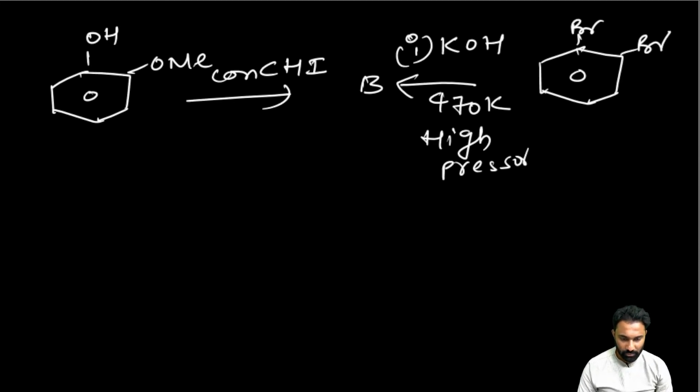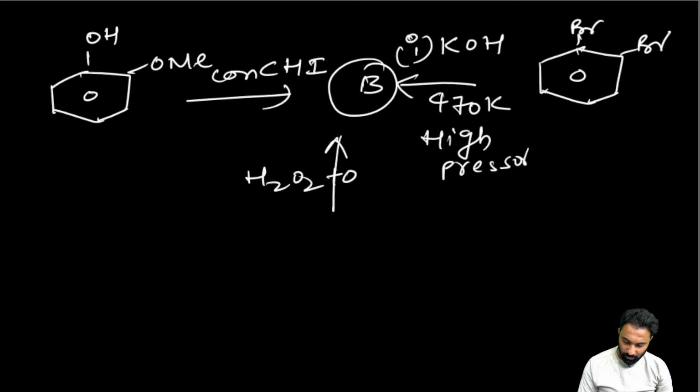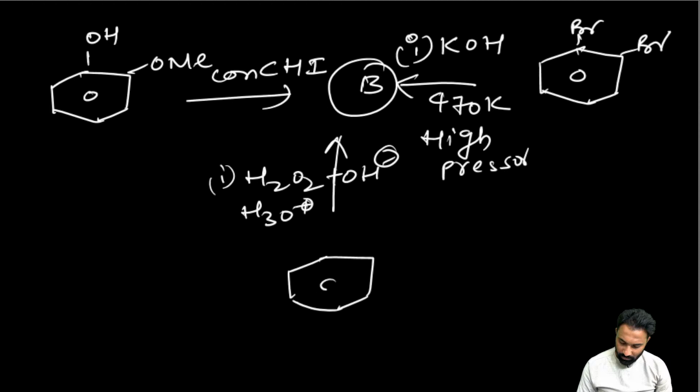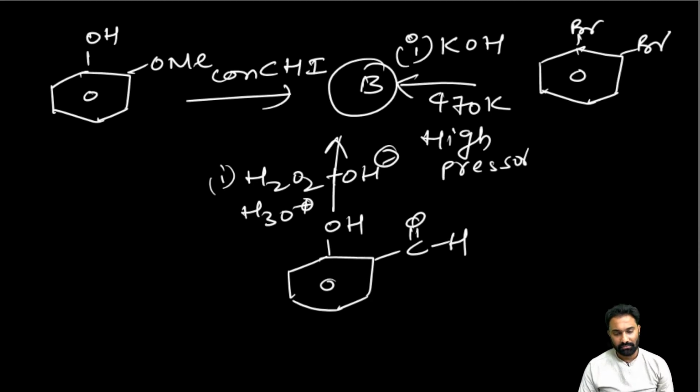Now this B we can prepare in this reaction also, H2O2 in the presence of base or H3O+. Now which one? OH, and this is formaldehyde from the Reimer-Tiemann reaction, salicylic.